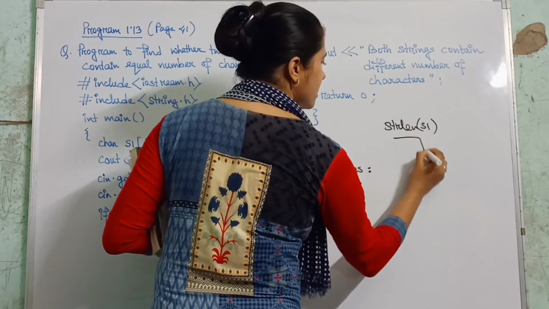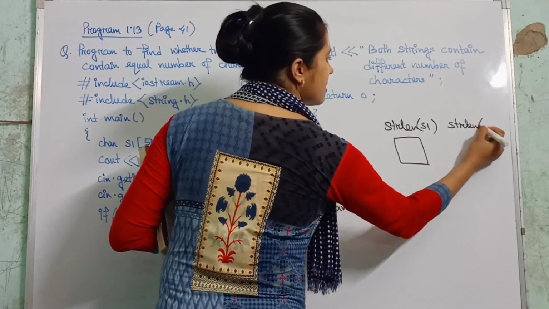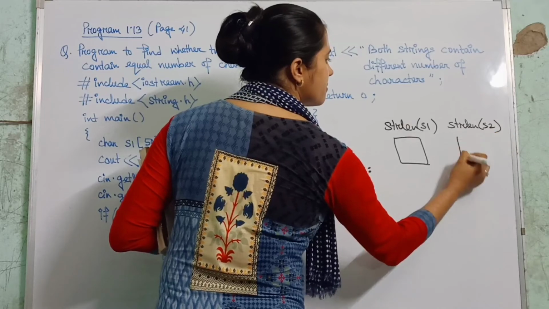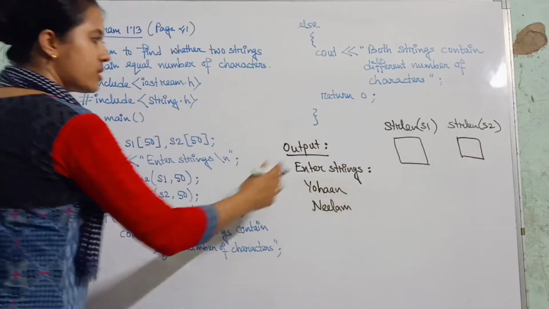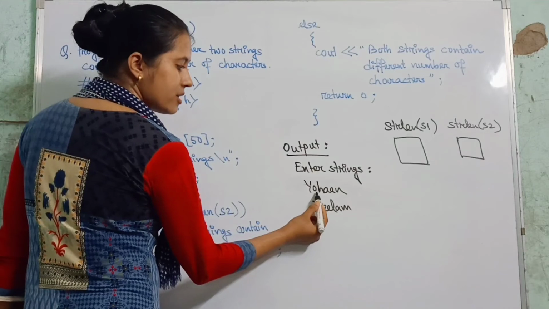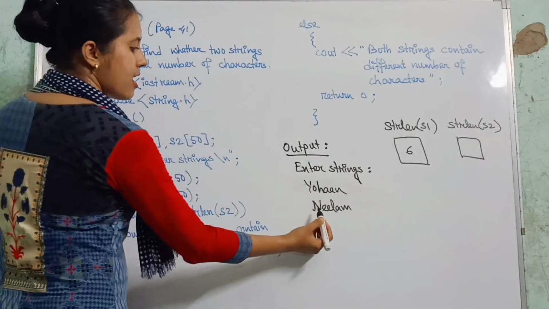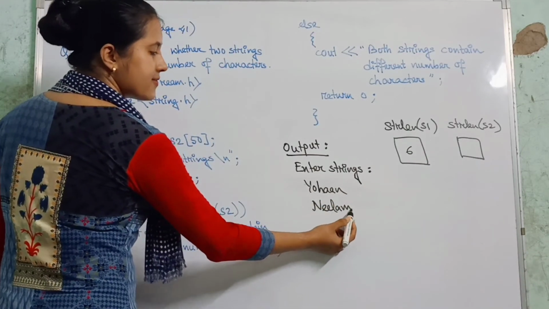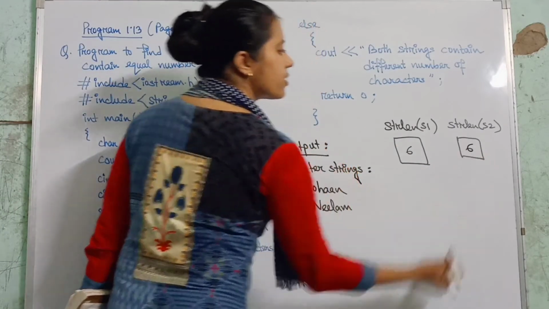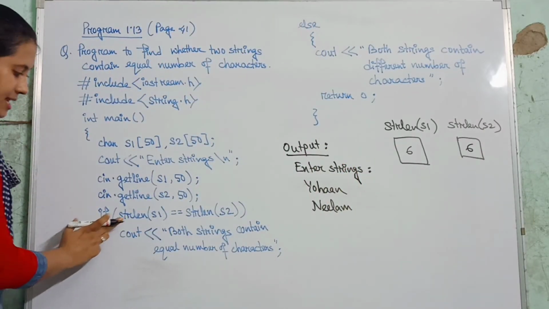One we are using strlen s1, and another strlen s2. Now it will calculate the values: 1, 2, 3, 4, 5, 6. So it is storing 6. String 2 is also storing the value 6.